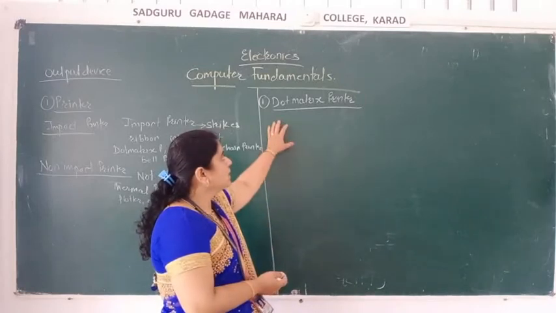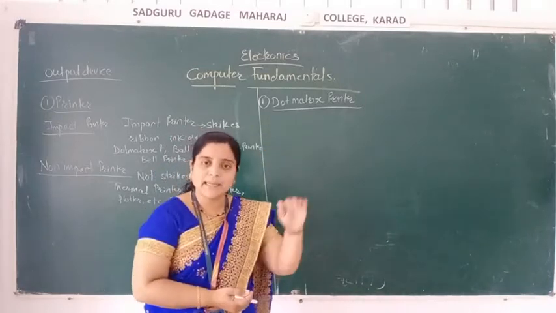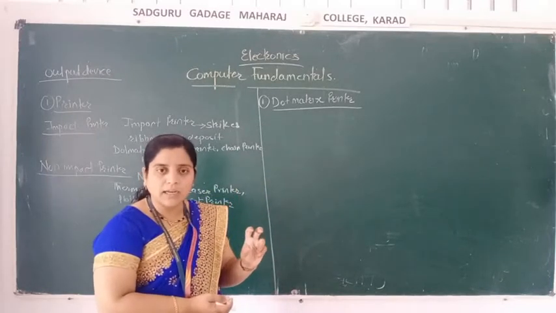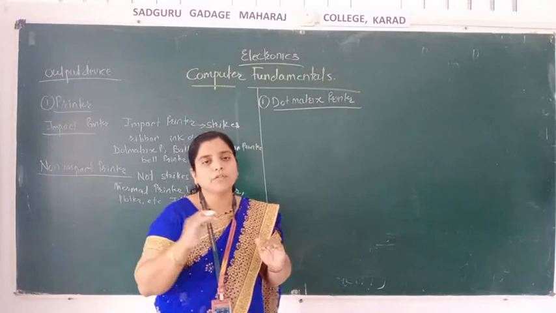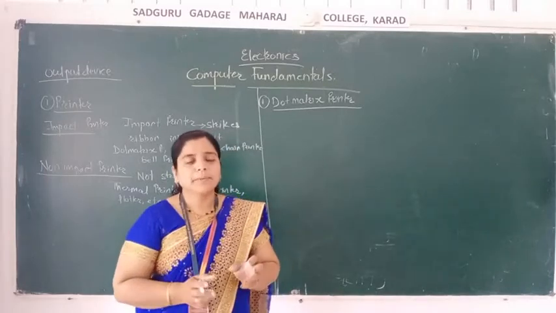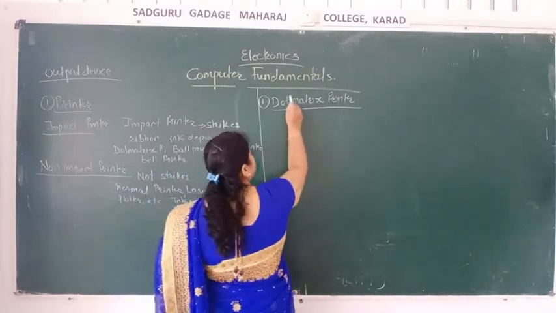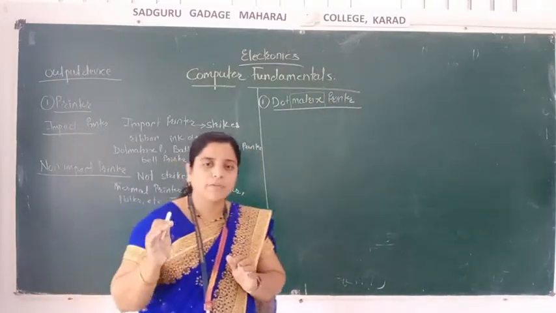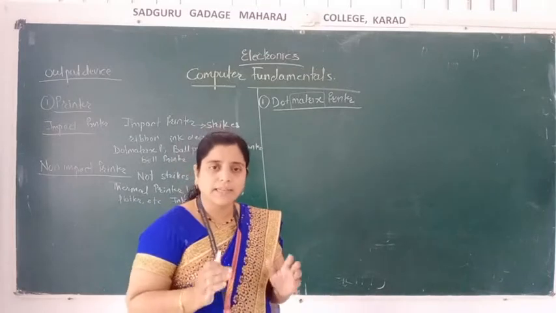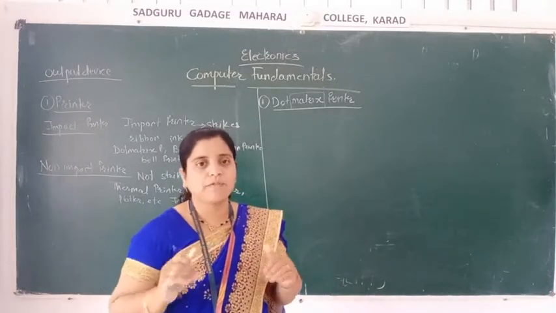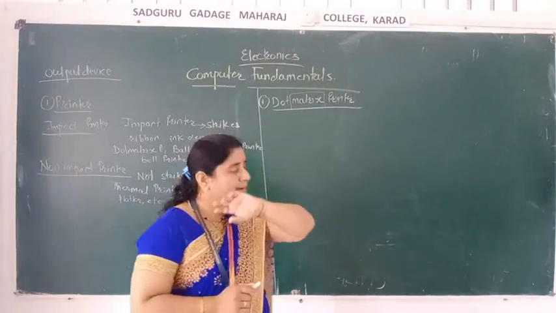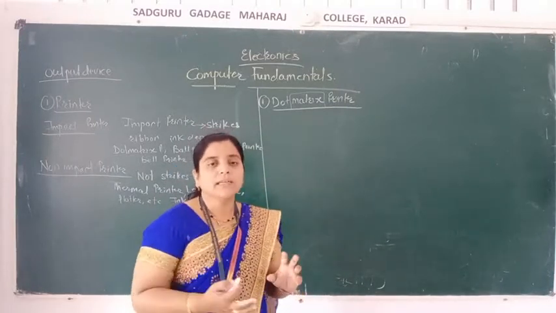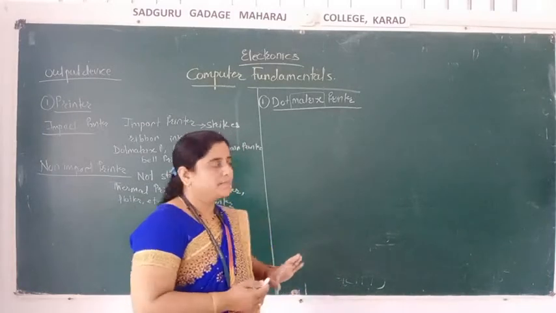In a dot matrix printer, there are a number of dots. If those dots are arranged in a number of rows and columns, it means they are in the form of a matrix. If the dot matrix is high, then its print quality is good.